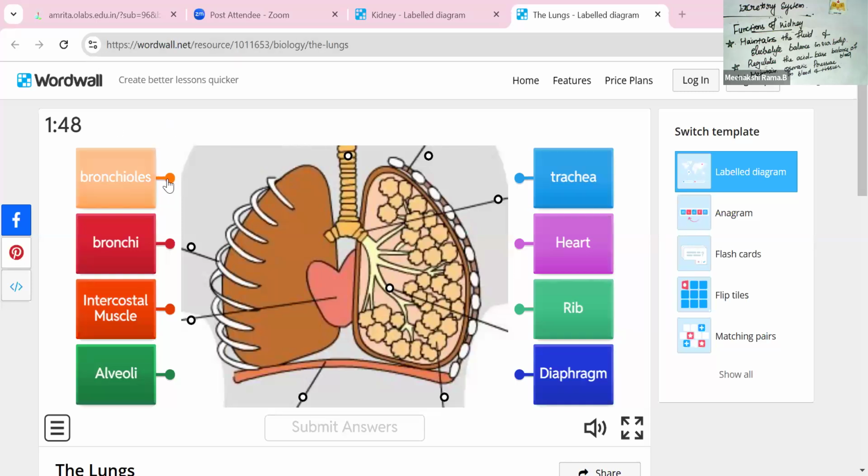Okay, now I'm going to show the right part. Next one is the heart. Yes, this is the easiest part, I think. Who knows the heart? Where is the heart present, ma'am? Do you know the right part of the heart?